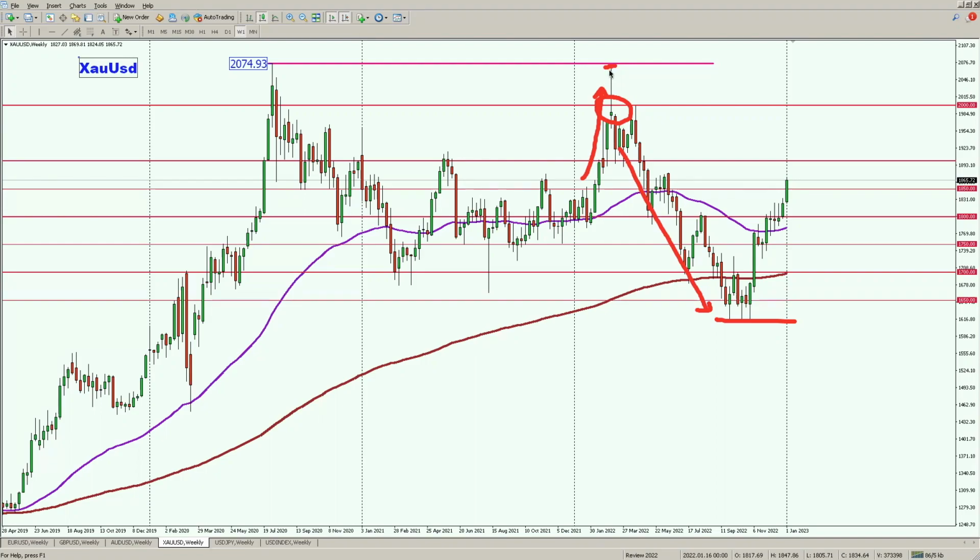But then with the Fed stepping in to drastically increase rates, it started to taper back down as the US dollar gained in strength, and this caused the fall for spot gold and also the other major pairs. But it did stay above 1650. It didn't quite reach 1600. It was close, but managed to recover and climb back up.